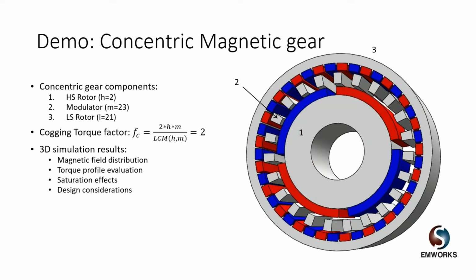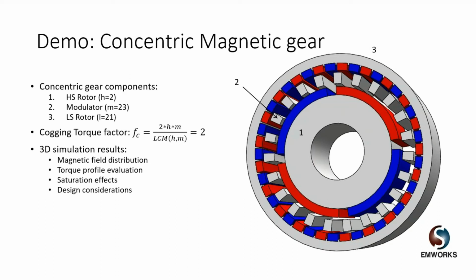The design we are going to analyze today has a very poor cogging torque factor of about 2. So we can expect to see a lot of fluctuation in our torque profile.